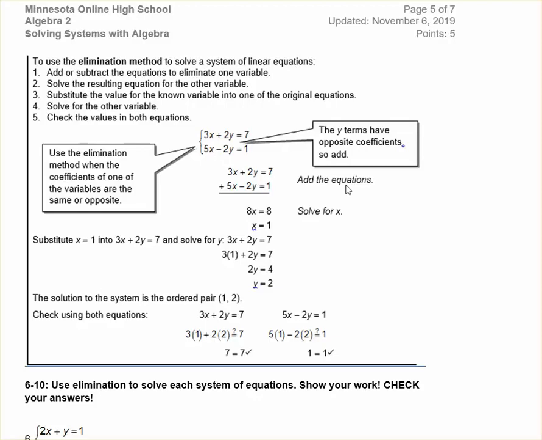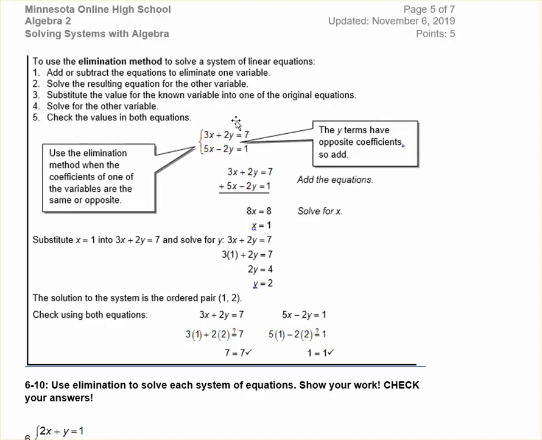So we have here 3x plus 2y equals 7, and then we have 5x minus 2y equals 1. When I say set up, what I mean is that one of the variables has the same number in front of it for both equations, and one's a positive and one's a negative. So we have that right here.